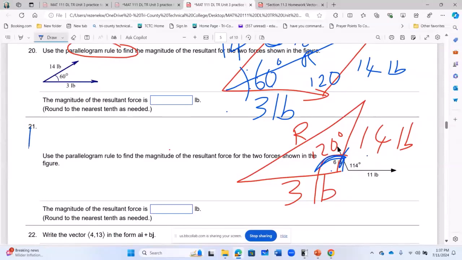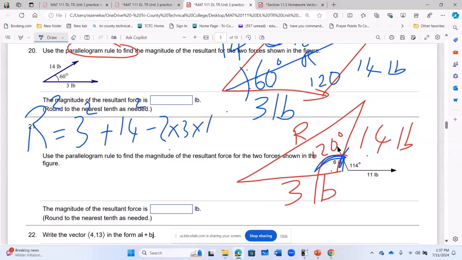Therefore, the resultant force is equal to 3 squared plus 14 squared minus 2 times 3 times 14 cosine of, I didn't give this a name, but it's the cosine of 120. You apply the unit circle again.